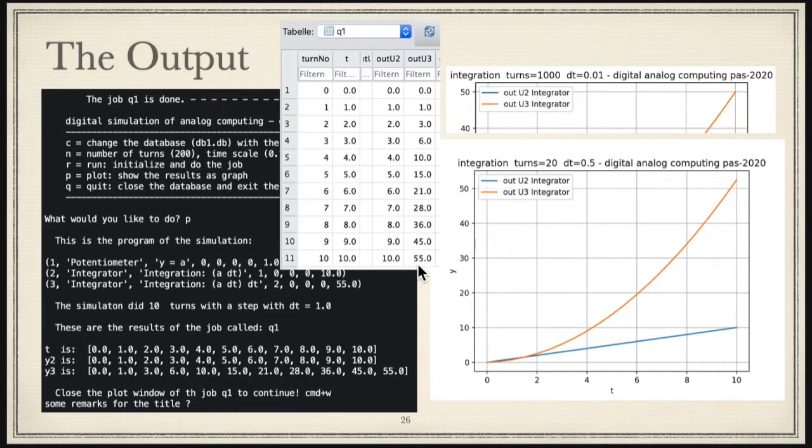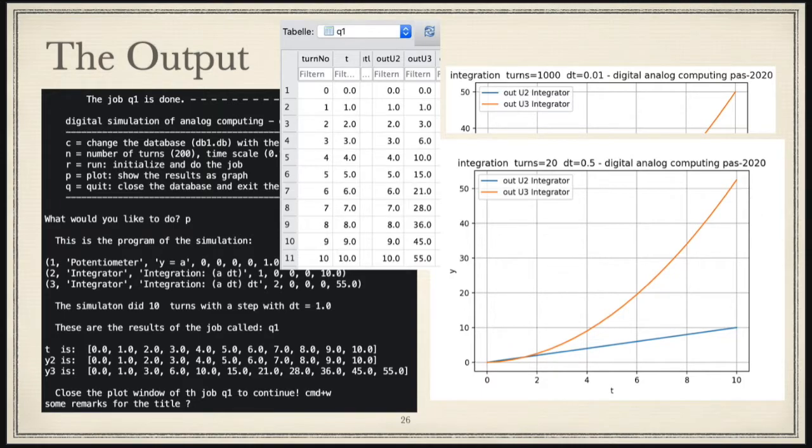This should be a parabola, but as you can see here, we have an error. Look at the time steps. Here it's 0.5, excuse me, and here it's 0.01. That's fine, that's not so fine. Remember Euler.